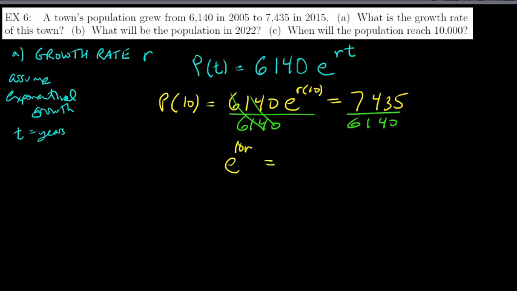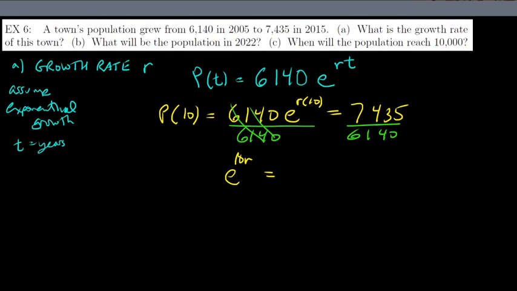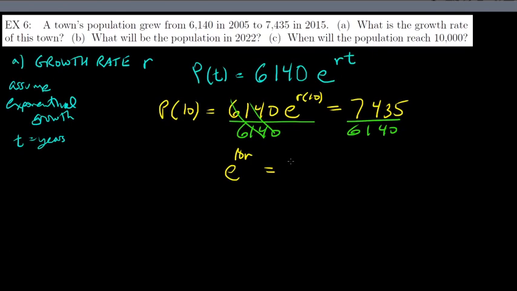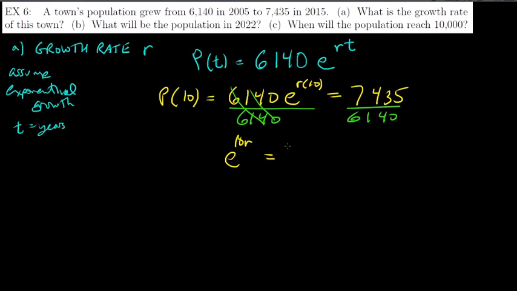And again, you need a calculator to do this, because I'm not going to leave it exact here. So 7,435 divided by 6,140. And again, don't round too much. Hang on, this pen here is driving me crazy. I know it's a stylus, not a pen.